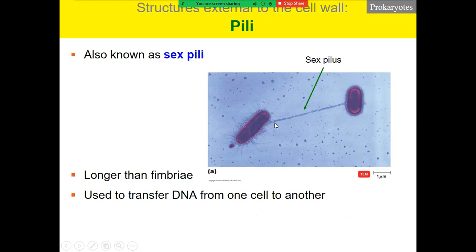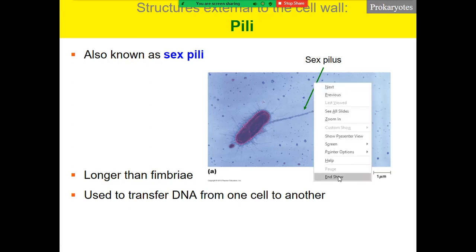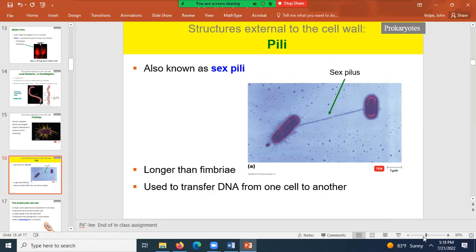It's hollow, and it can allow a plasmid to leave this cell and then enter that cell. So the sex pili is used to transfer DNA from one cell to another. Any questions about any of that? We'll talk a little bit about the sex pilus later in the term when we're talking about bacterial genomics.